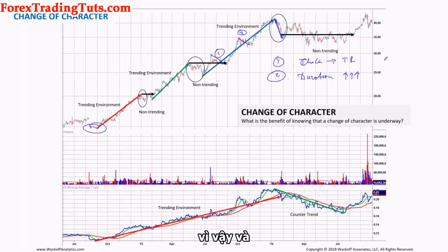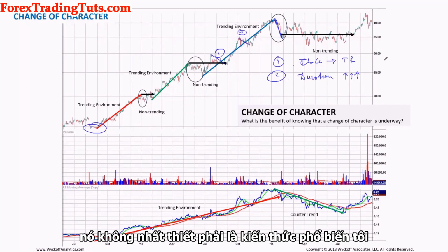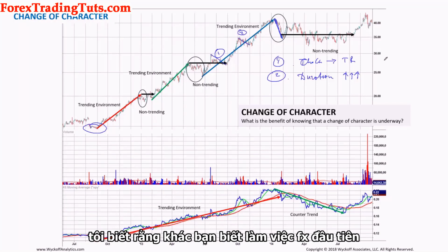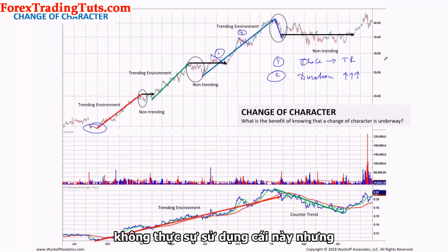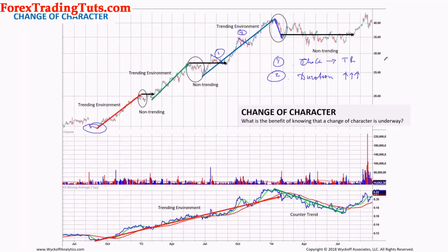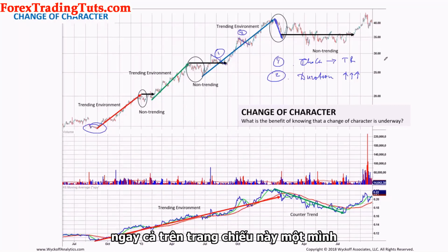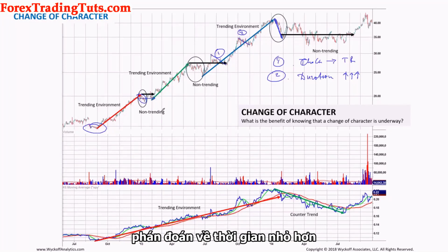It's not necessarily common knowledge. I know that Bruce does not use this. I know that other Wyckoff experts do not actually use this, but it's very hard evidence, that we see even on this slide alone, to make some kind of assumption or judgment about the duration.